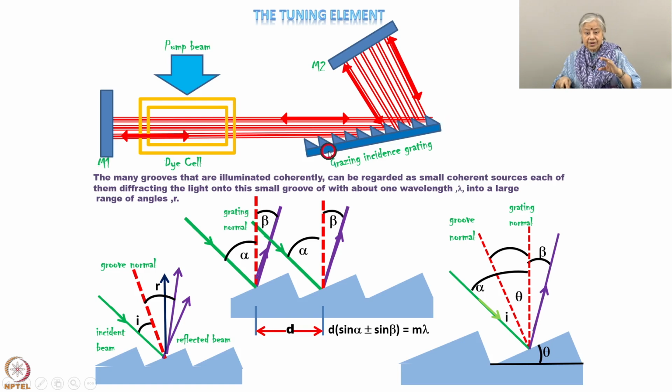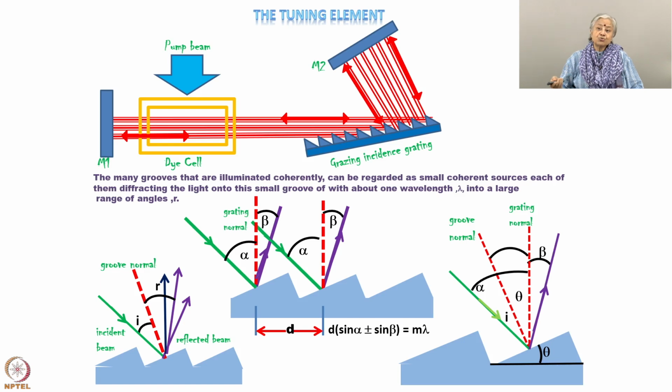You can see geometrically that the number of lines covered by the beam is quite large. If it falls directly at perpendicular, then obviously the number of grooves covered by the laser beam is not very large. Though in case of grazing incidence the efficiency becomes a bit low, meaning there is a lot of loss of intensity or energy, you are gaining in terms of the resolution.